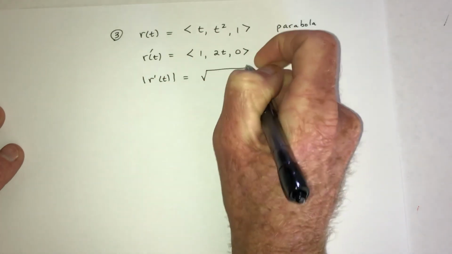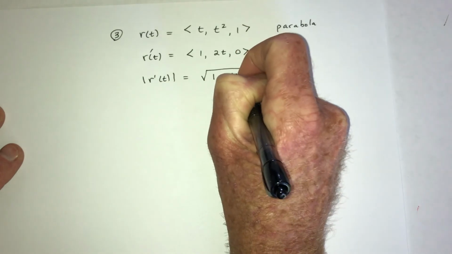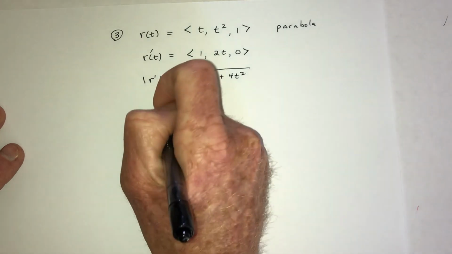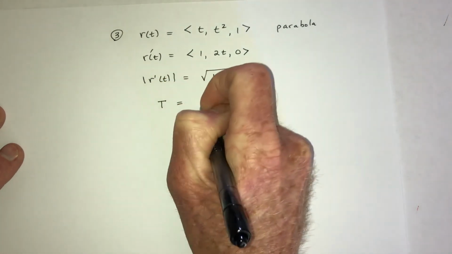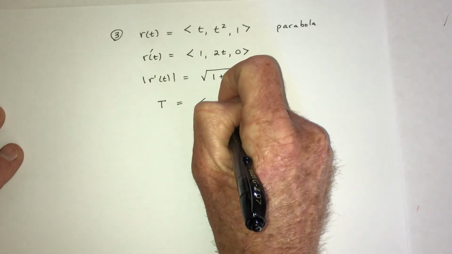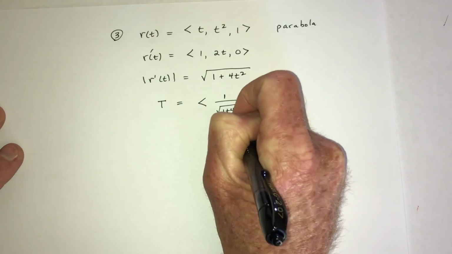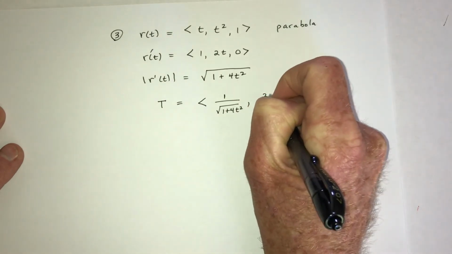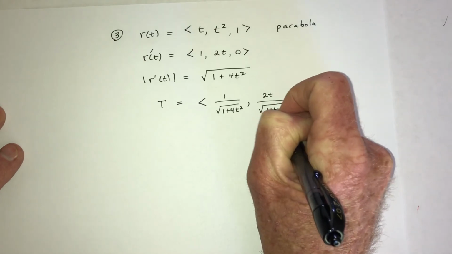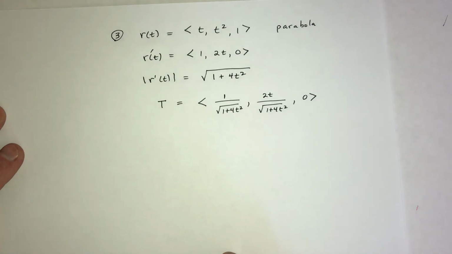So that would be the square root of 1 squared plus 2t squared, and then 0 squared. So there we go. That means the unit tangent vector is this one divided by this one: 1 divided by the square root of 1 plus 4t squared, and then 2t divided by the square root of 1 plus 4t squared, and the last one is just 0. So there's the t.